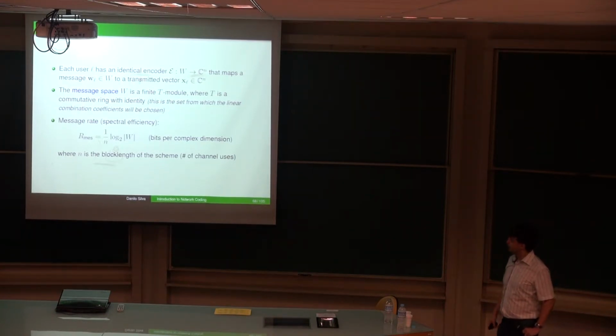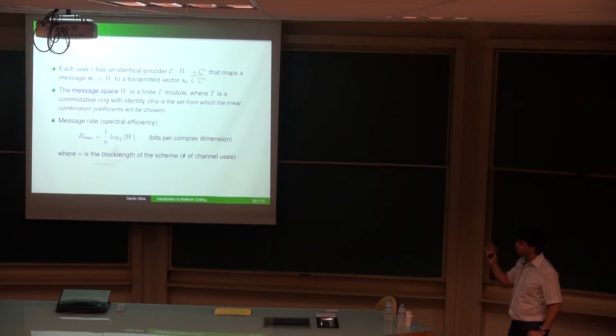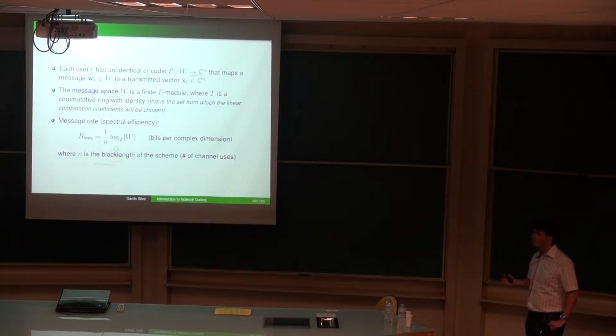For encoding, we assume that each user has an identical encoder. This could be generalized to different encoders, but let's just do this for simplicity. So a user encodes a message to this vector x of length L, and these messages are chosen from a message space that is actually a T-module, where T is the commutative ring with identity.